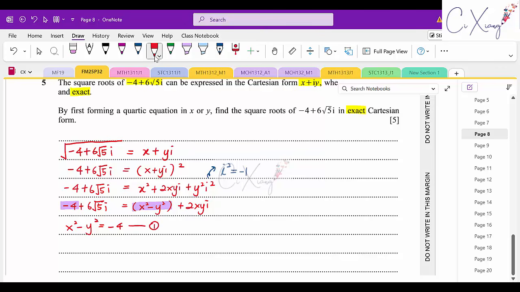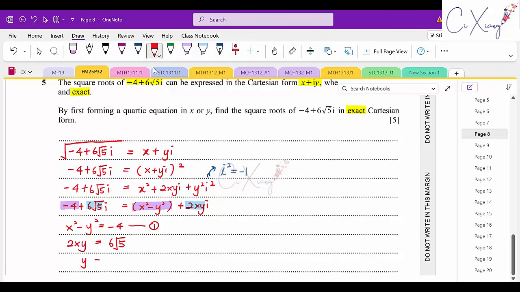And after that, what is the imaginary part? The imaginary part coefficient is 6 square root 5, so you compare it with xy times 2. So 2xy equals 6 square root 5. This is my second equation here.